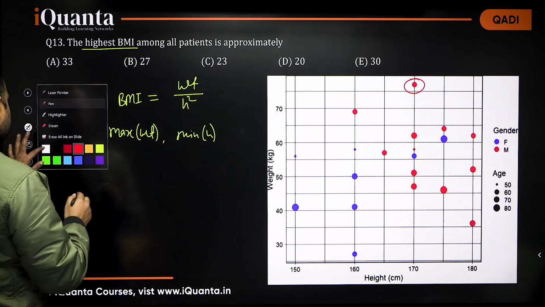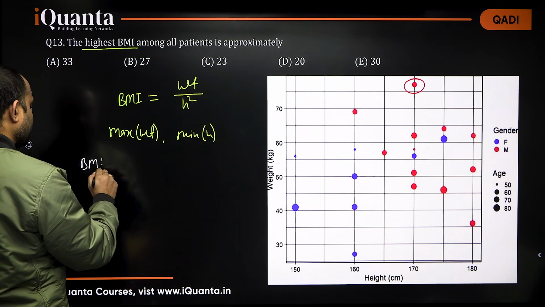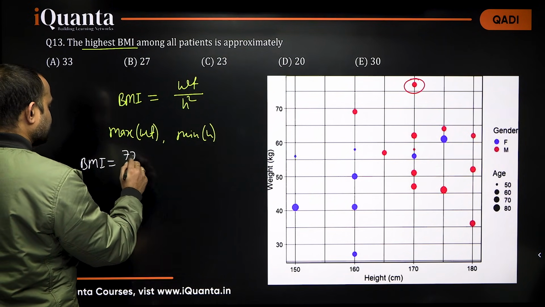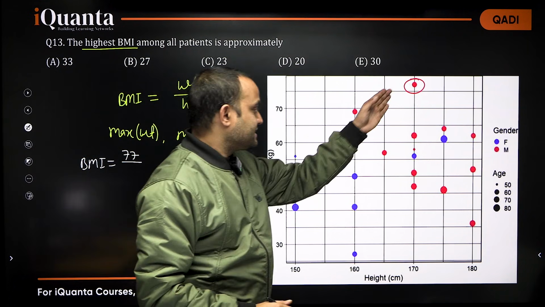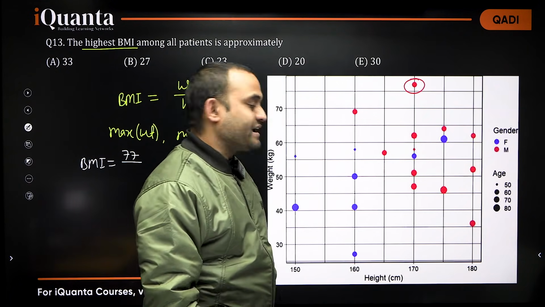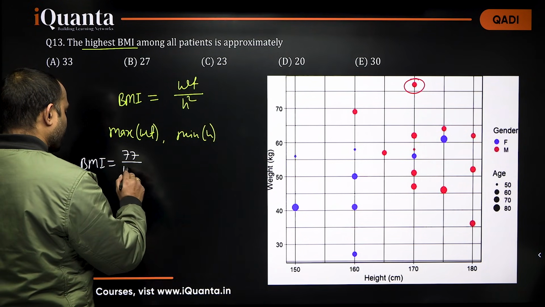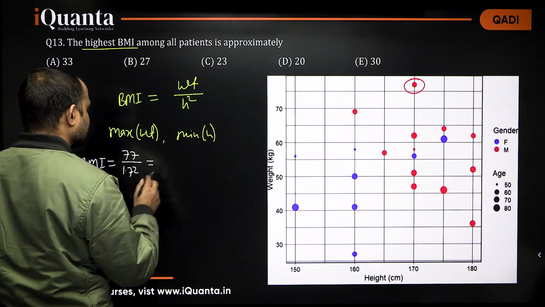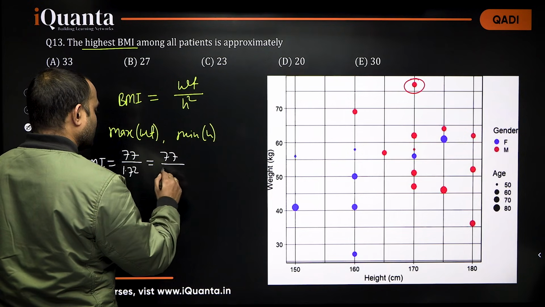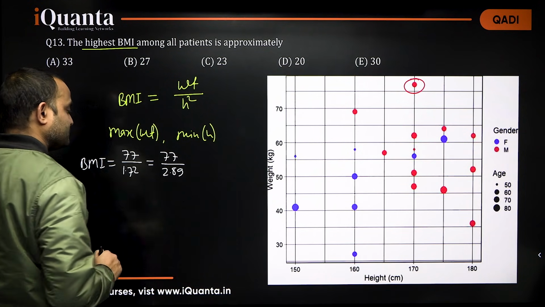So in that case, the BMI will be equal to 77 divided by, and in that case, the height is 170 in meters, 1.7. So this will be 1.7 square. That is equal to 77 upon 2.89.